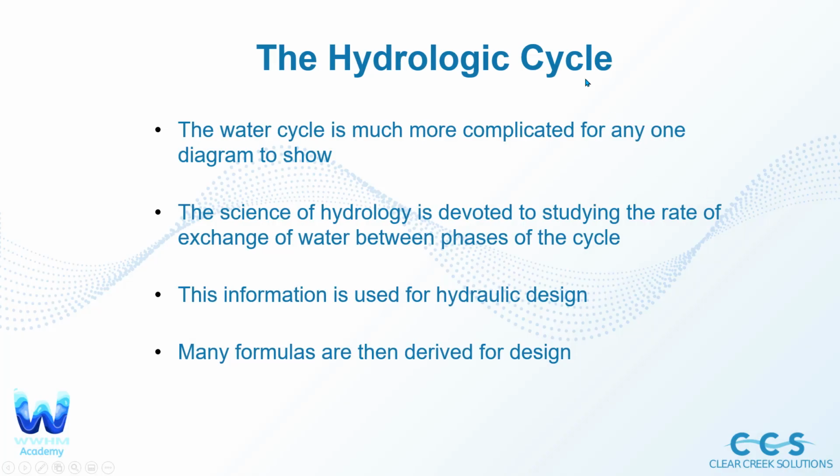So the science of hydrology is devoted to studying the rate of exchange of water between phases of this cycle. And what we do is the information is used for hydraulic design. So rainfall information is incredibly important when it comes to hydrology and design of our facilities. There are many formulas that are then derived from this precipitation and used for design.